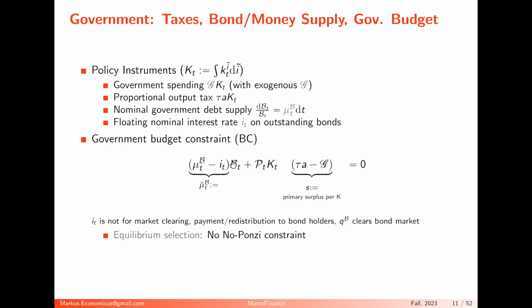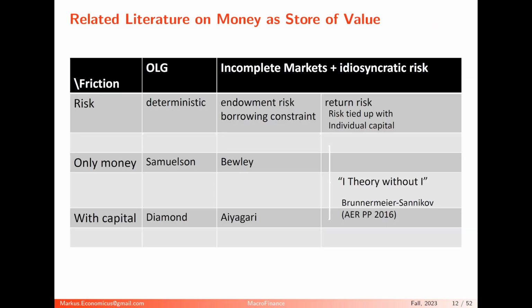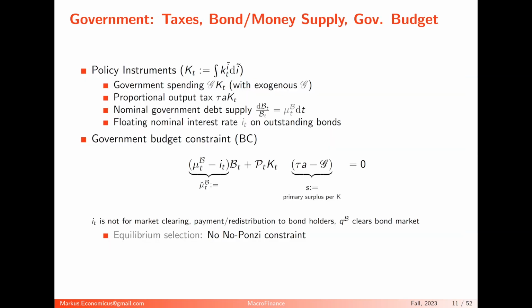This is the price of the bond, in script B. Later it will be this Q B. I will introduce this notation in a minute. And the government can run a Ponzi scheme, so there is not a no Ponzi constraint. That's the setting.